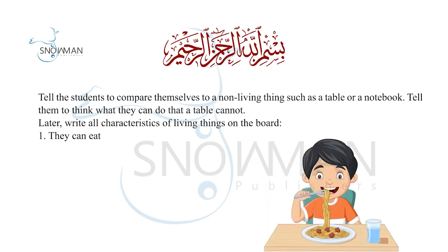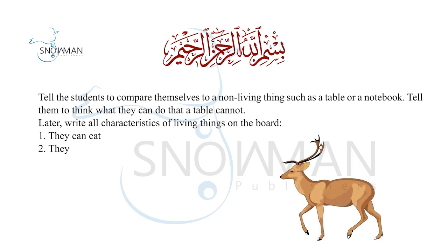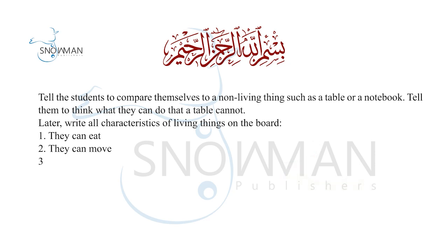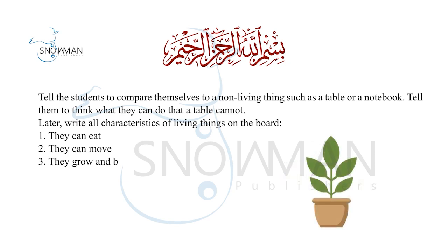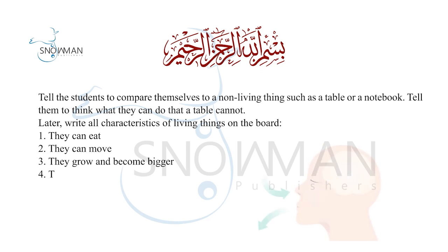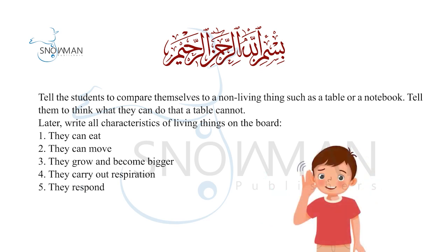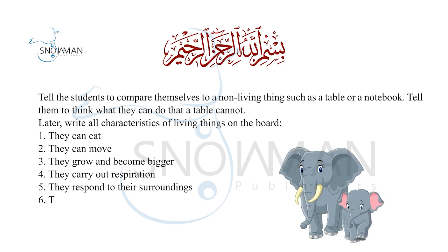They can eat. 2. They can move. 3. They grow and become bigger. 4. They carry out respiration. 5. They respond to their surroundings. 6. They can reproduce and make more like themselves.